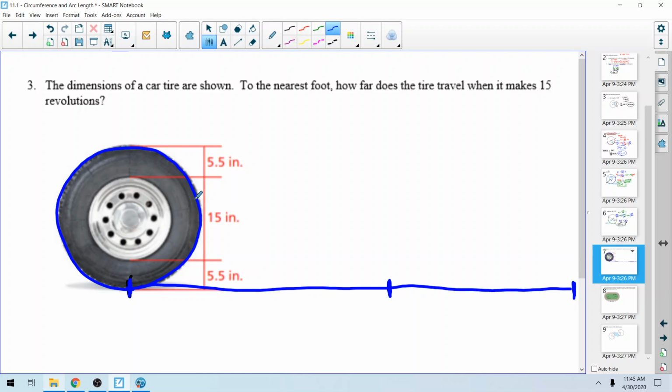So in this case, circumference equals pi d, because it's not going to be that hard to find my diameter. I know that's 5.5, that's 15, that's 5.5, so 5.5 plus 5.5 is 11. And then we're going to add that to 15, so my diameter is 26.